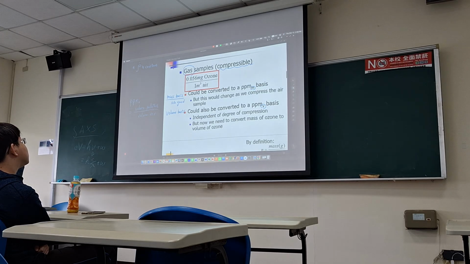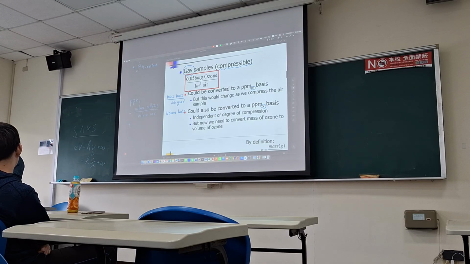And the good thing about using the volume basis is that this formula is going to be independent of pressure and concentration. Why? Because as the volume shrinks, the mass reduces. Understand?